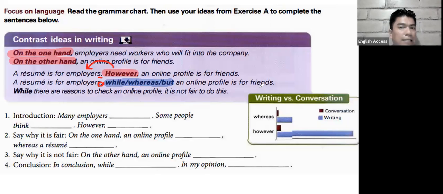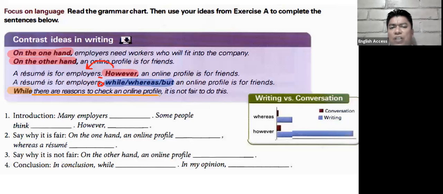Yes? And that's it. And the last one is while. While. And then you write your first clause, your first opinion. There are reasons to check an online profile. That's not good or bad. It's not about that. It's just information.